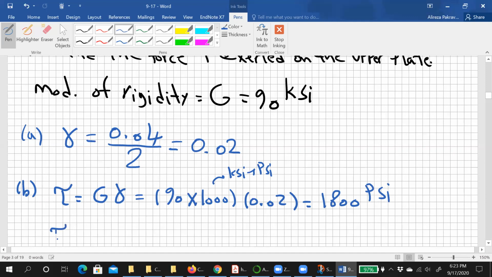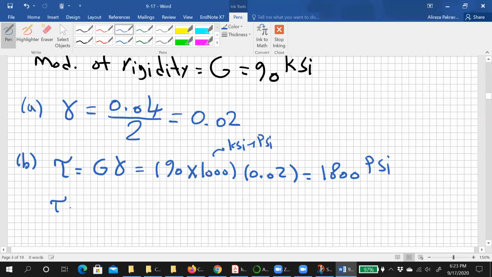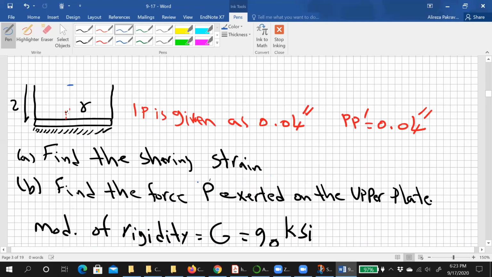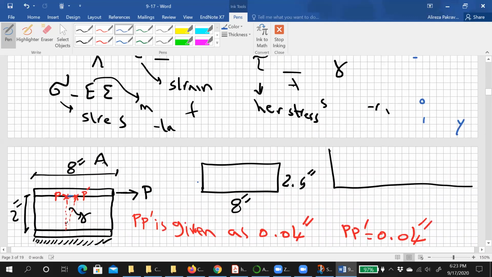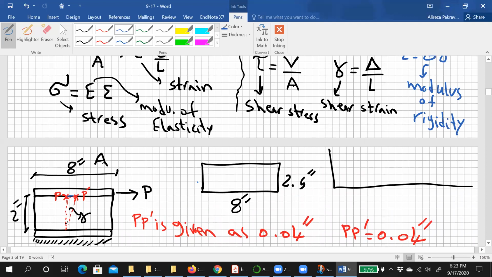1800 PSI, right? Okay, and now we know the formula for tau. Tau is P divided by A. Now I want to ask a question. Tau is 1800, P, can you tell me what A is? What should I write for A if you look at this figure? 20 inches? How? 2.5 times 8.